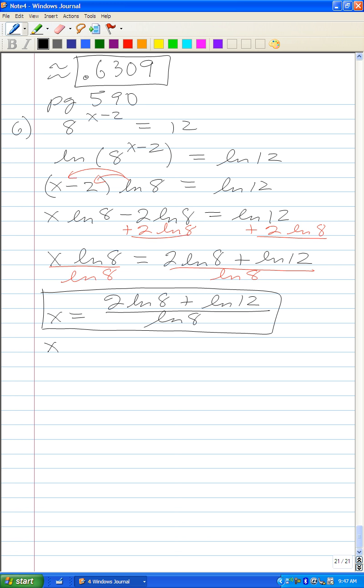which is approximately equal to, let's do this, 2 ln 8 plus ln 12, divided by ln 8, which is 3.1949875.